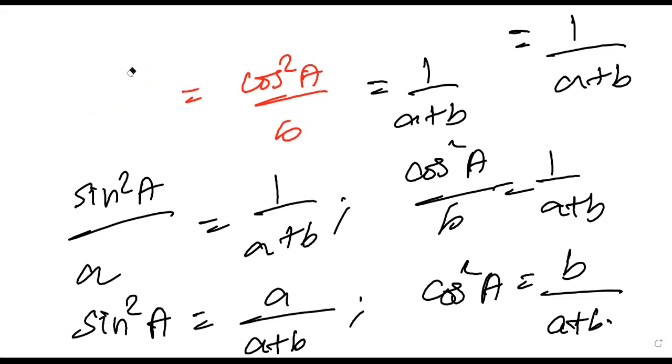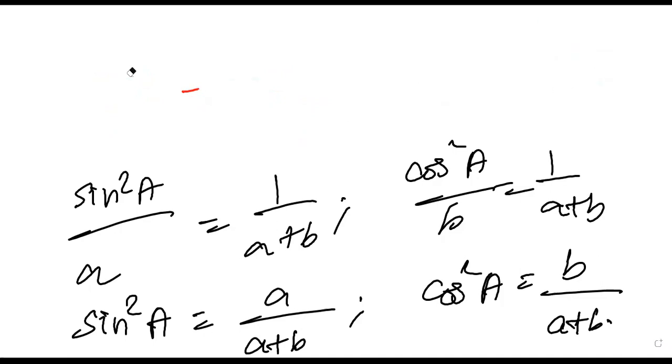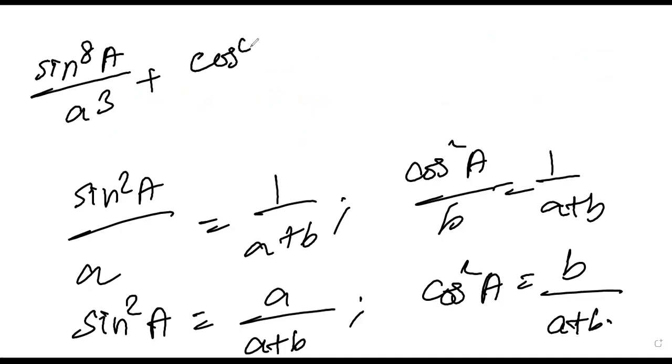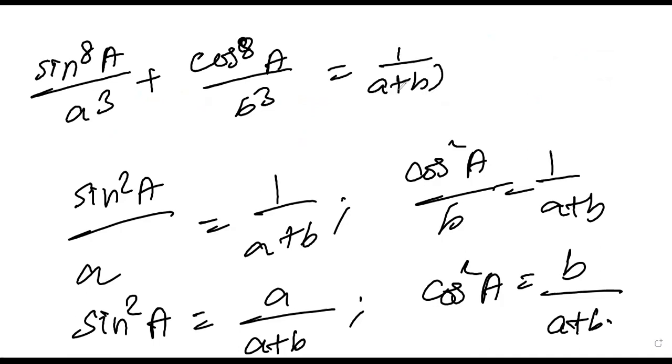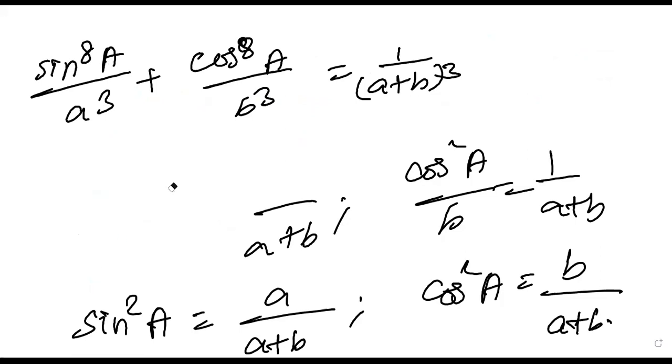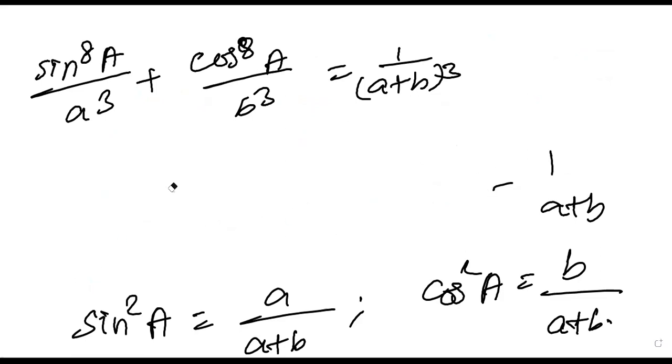So now you can write this as sin power 8 a by a cube plus cos power 8 a by b cube is equal to 1 divided by a plus b the whole cube. So here you can substitute the value of sin square theta.